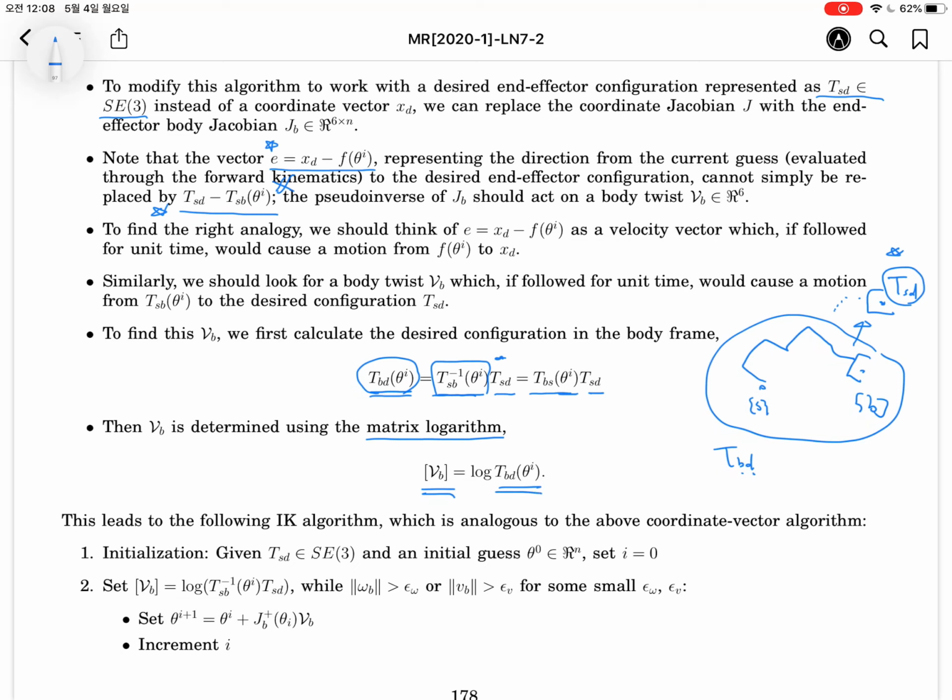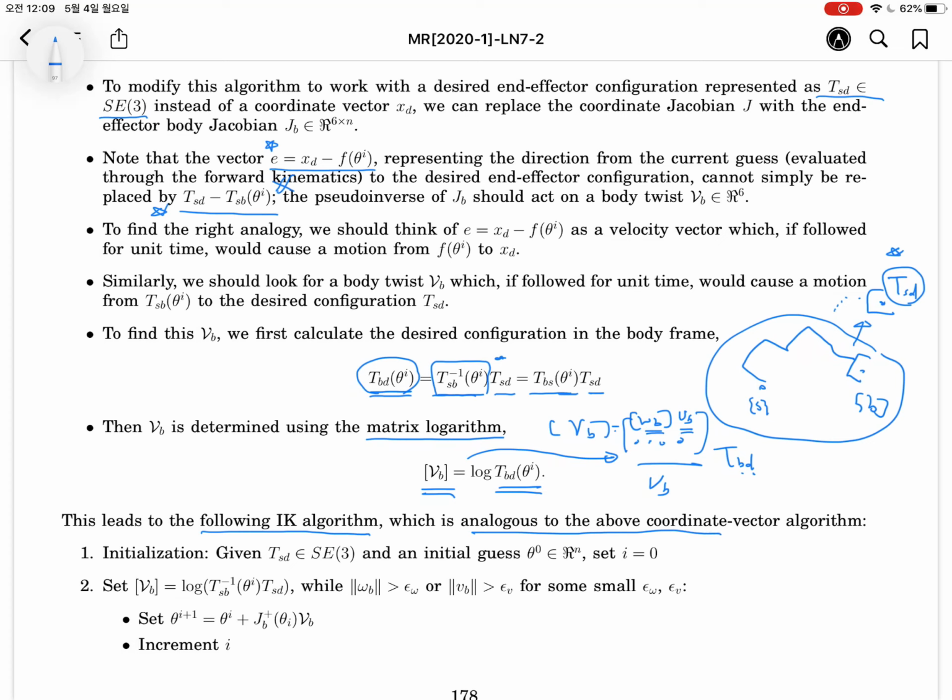Then we have the matrix form of the body twist from the T_BD. Okay, maybe the V_B matrix form is the omega_B cross product form and the v_B, and 0, 0, 0, and 0. So the result will be this form. From this matrix, we can extract the omega_B and the v_B as a 6-dimensional form. So we can get the body twist.